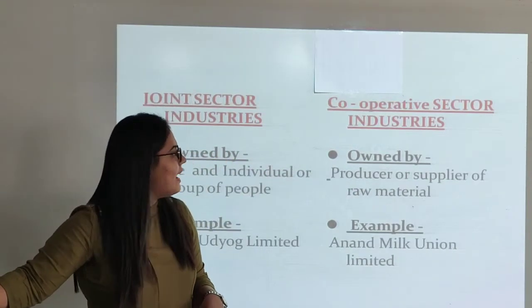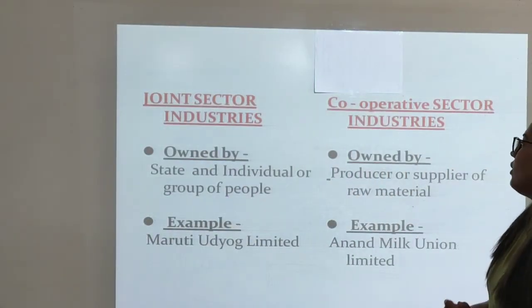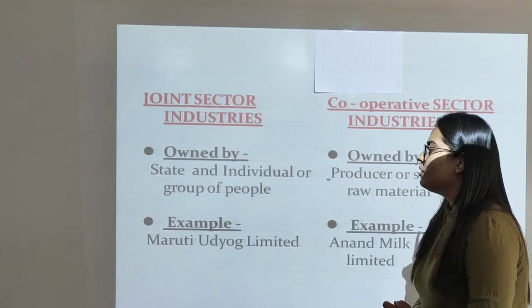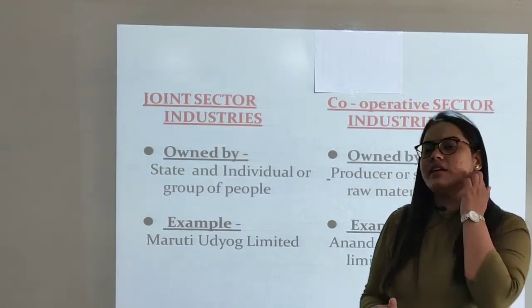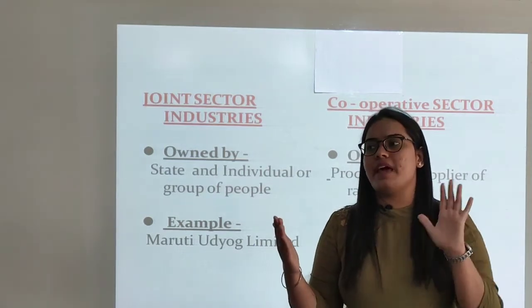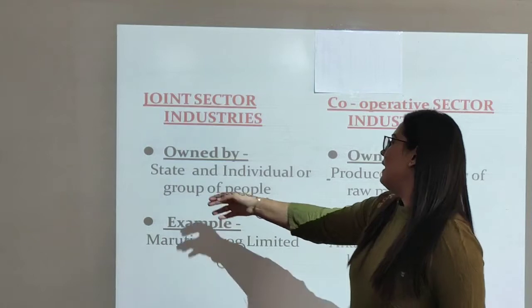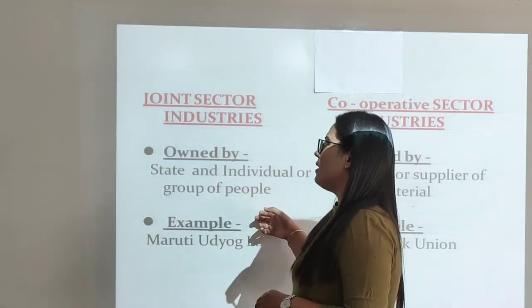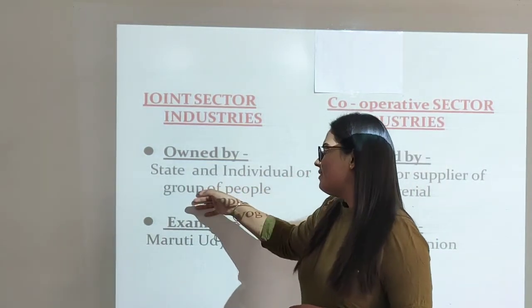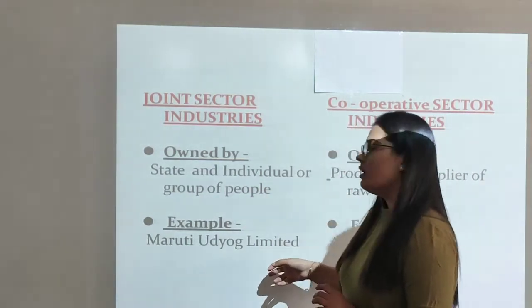Now next, last, is joint sector and cooperative sector. What is joint sector and what is cooperative? Joint sector itself gives a brief introduction: it is joint, meaning public and private together form a joint sector company, where the state and an individual or a group of people are the owners of the joint sector industry. An example is Maruti Udyog Limited.